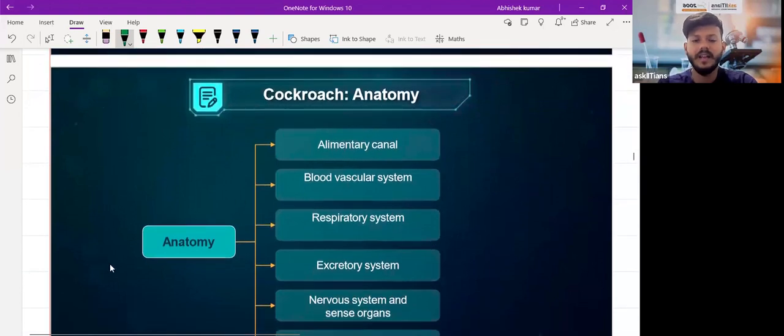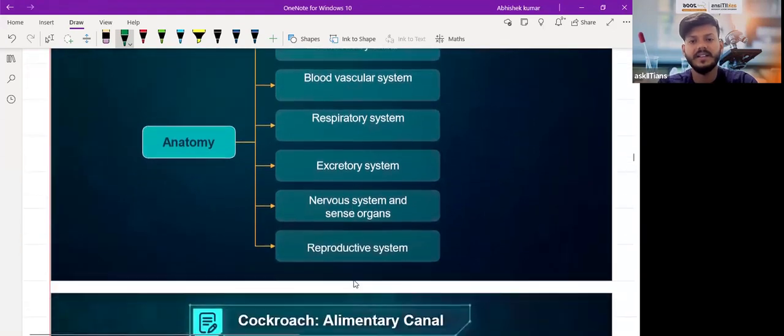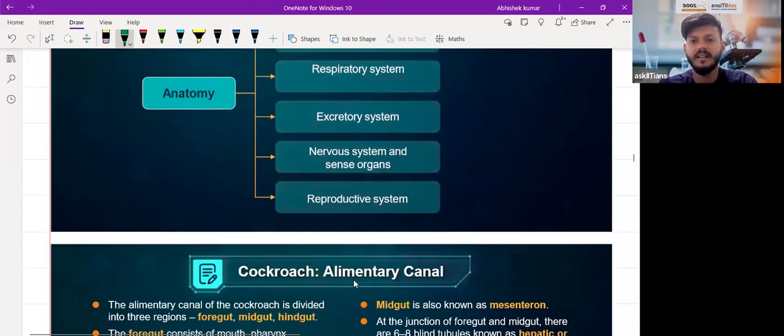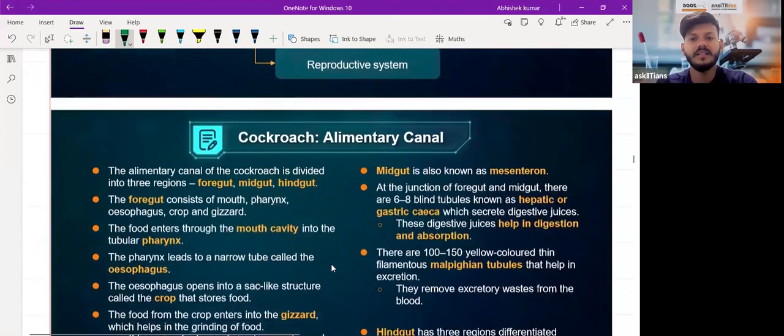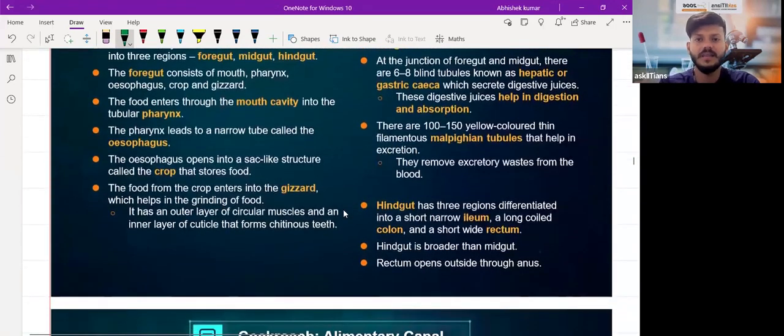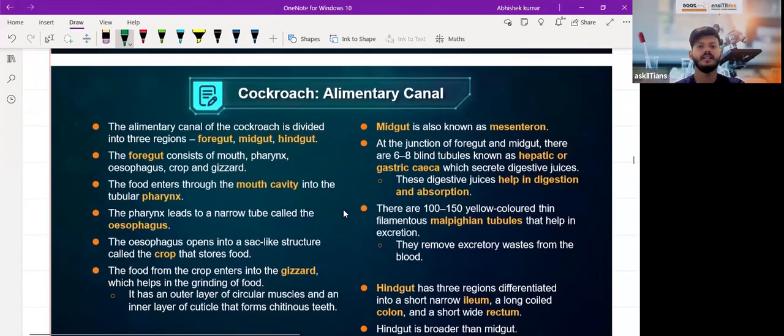If I talk about the anatomy of the cockroach, it has an alimentary canal, blood vascular system, respiratory system, excretory system, nervous system, and reproductive system. This is the cockroach digestive system, the alimentary canal. It is divided into three regions: foregut, midgut, and hindgut. The foregut consists of the mouth, pharynx, esophagus, crop, and gizzard.